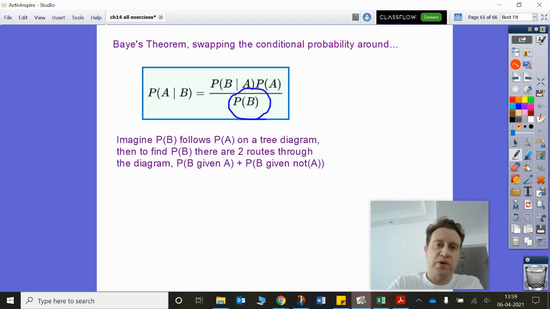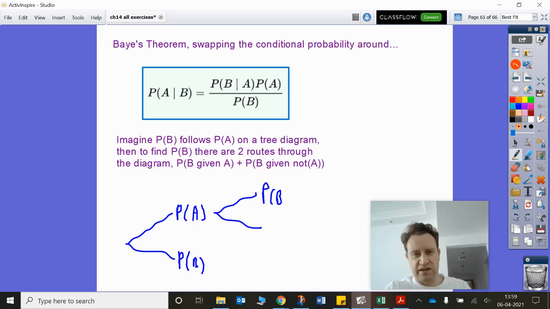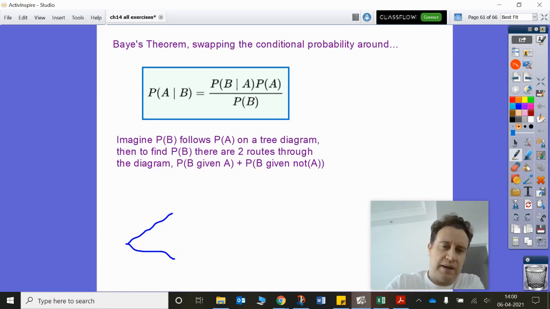Now actually it gets a little bit more complicated than that, in that normally the probability of B on the bottom comes from all of your options through a tree diagram. So what do we mean here? Let's follow the probability of A first. Probability of B given A. Kind of done that a bit wrong, haven't I? Because the probabilities go on the branches, and the outcomes go at the end of the branch.